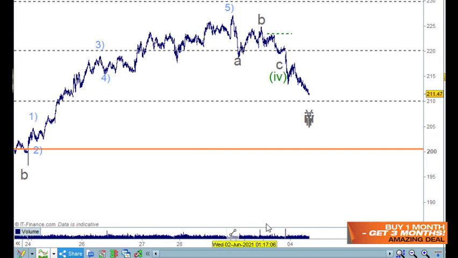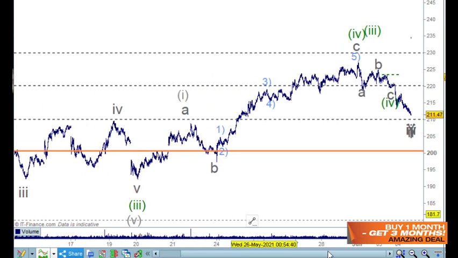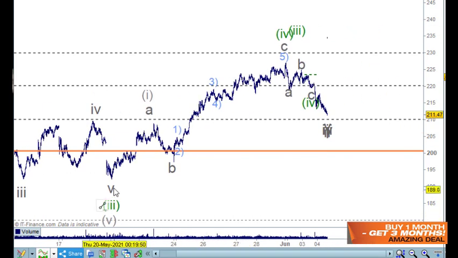So yesterday when we were talking, we were looking at the move up here as wave 4 or possible wave 3. Now, if it's going to be a wave 4, then we would have to look at it as wave 1 here and 2 here rather than A, B and C for 4.